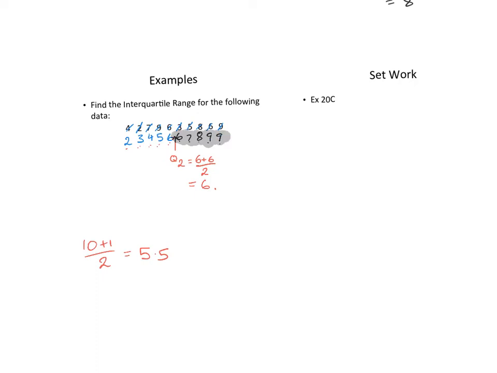So the 6 below the median is still included in the lower part of the scores. What I've highlighted in red there is the lower part, which is what I'll find the median for to find the lower quartile.